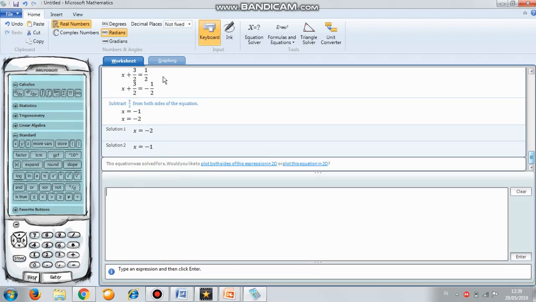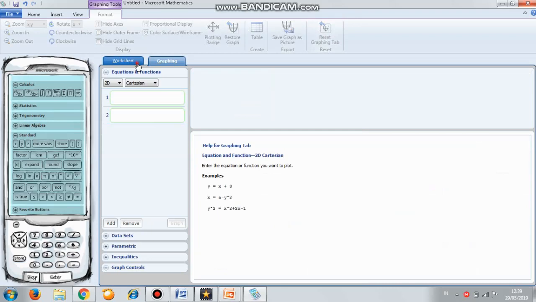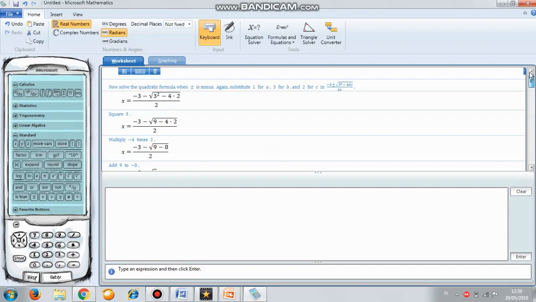And then we can graph the quadratic equation x squared plus 3x plus 2 equal to 0.